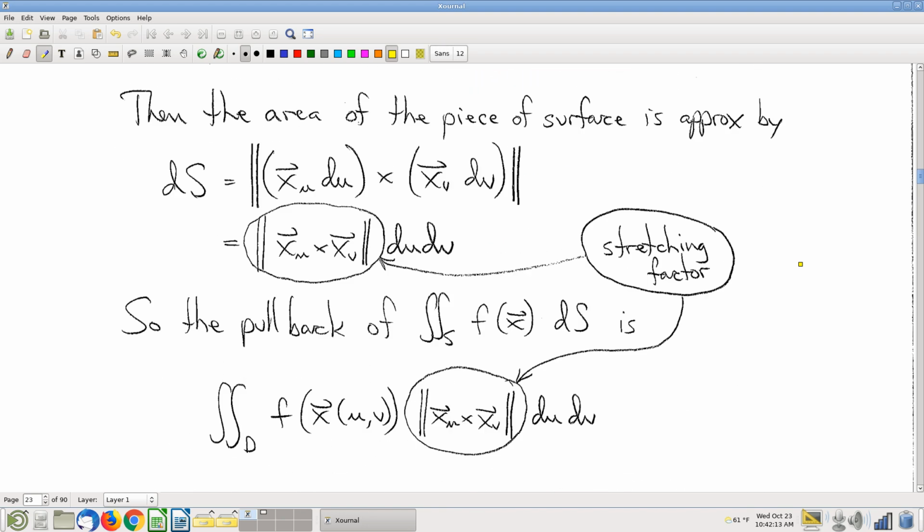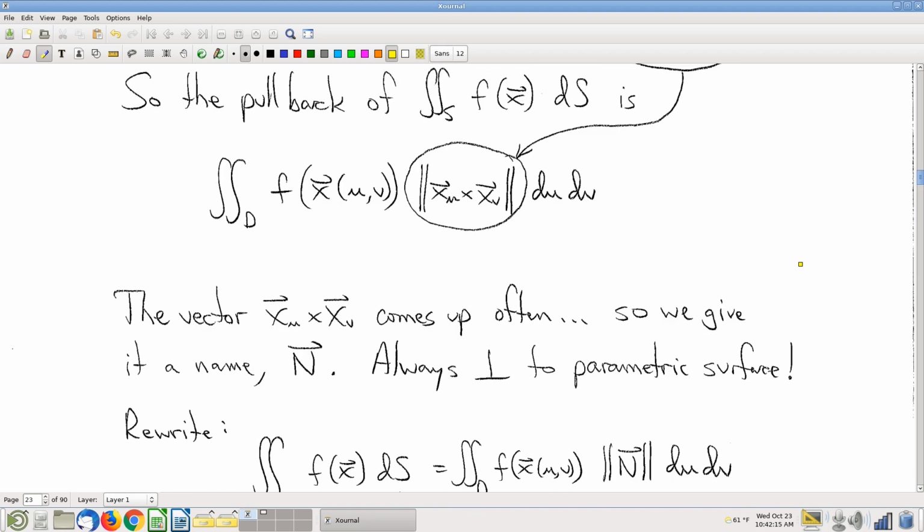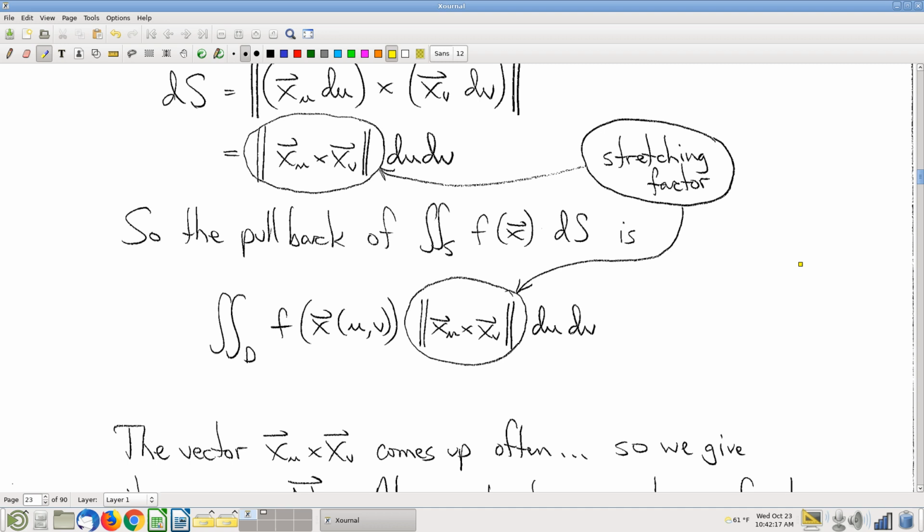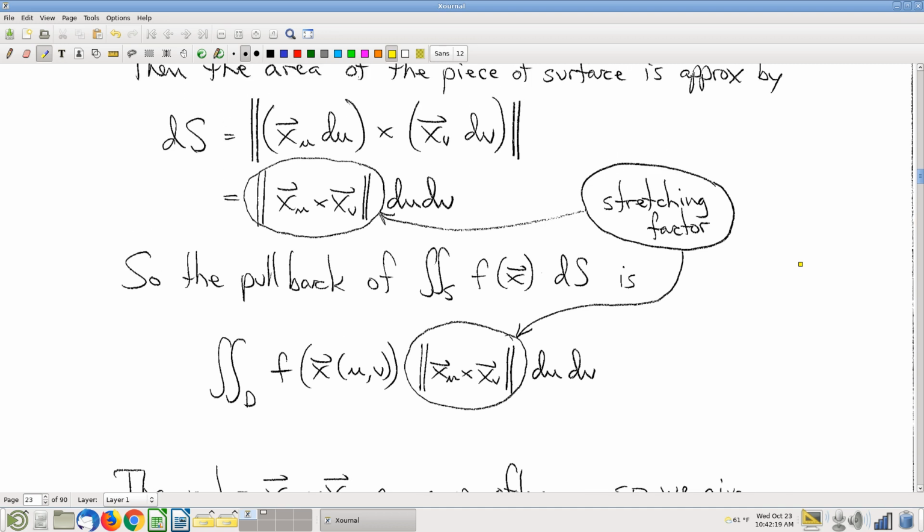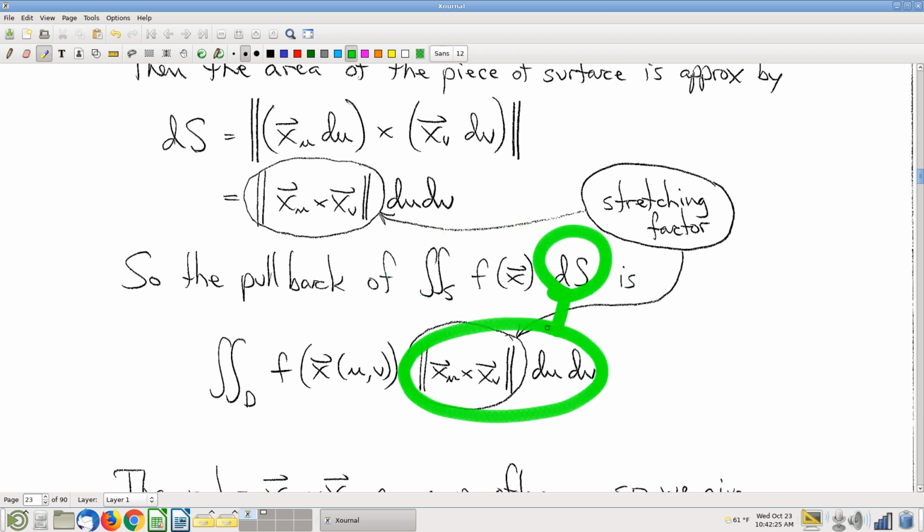So here's the surface integral that we were interested in. dS is the stretching factor times du dv. We just computed that stretching factor. That's what you multiply by du dv to get dS. Just plug it in, and everything else is just plugging in.